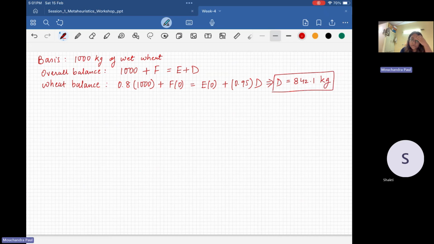That is the value of the dried wheat that is going out.